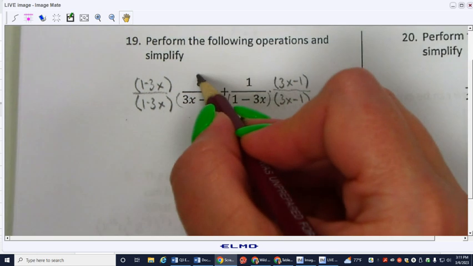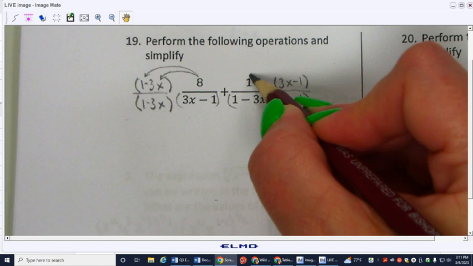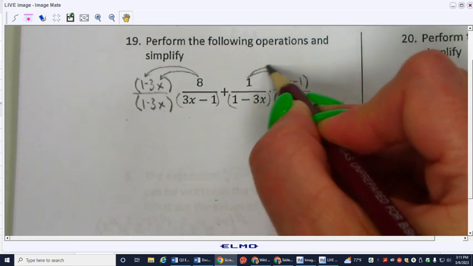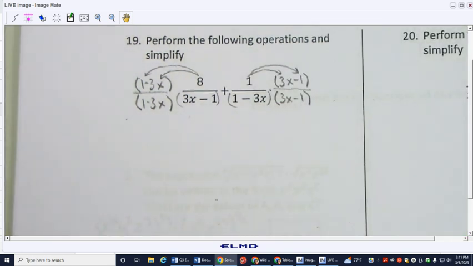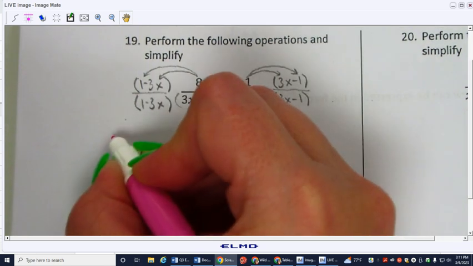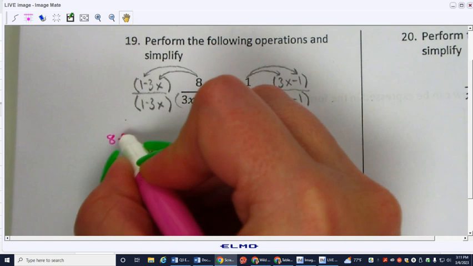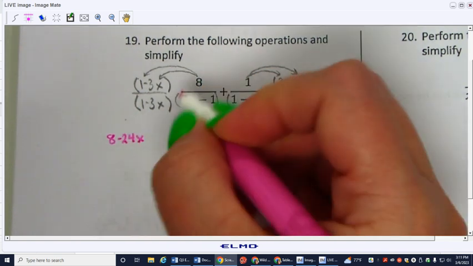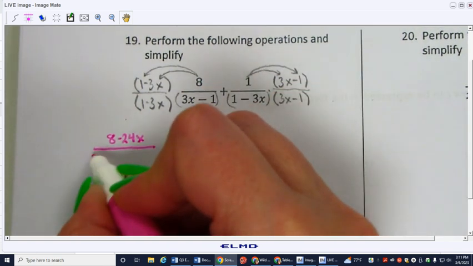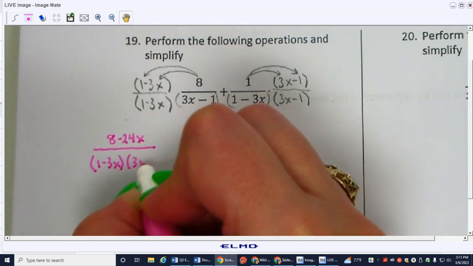My numerator, I'm going to go ahead and distribute. So I'm going to have 8 times 1 is 8, and 8 times negative 3 is negative 24x, over 1 minus 3x times 3x minus 1.